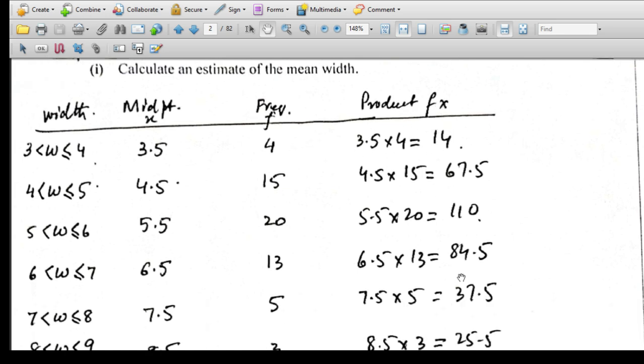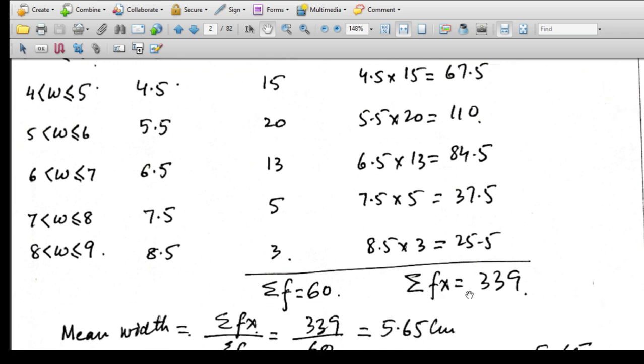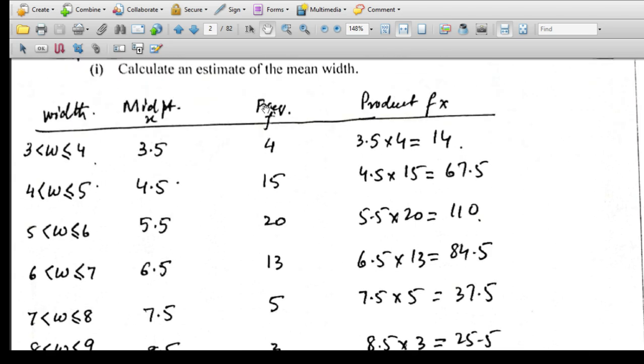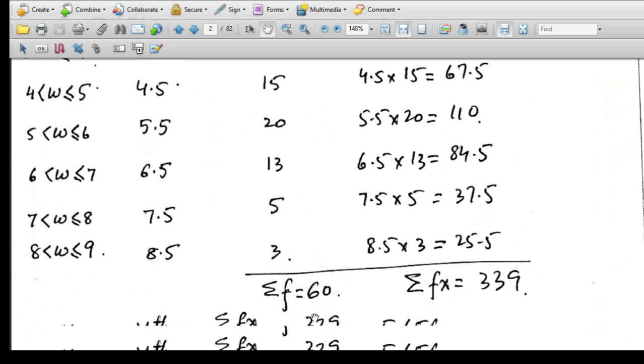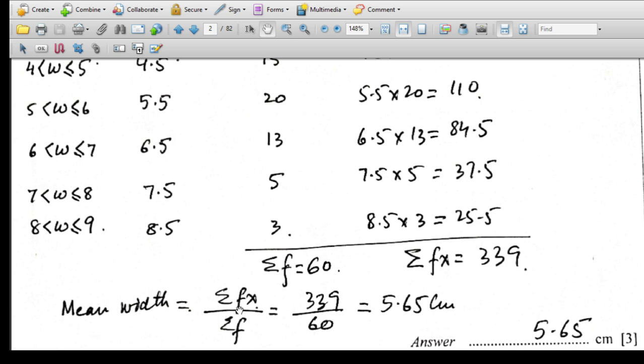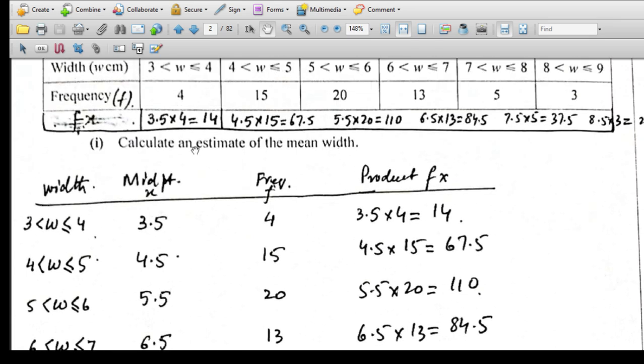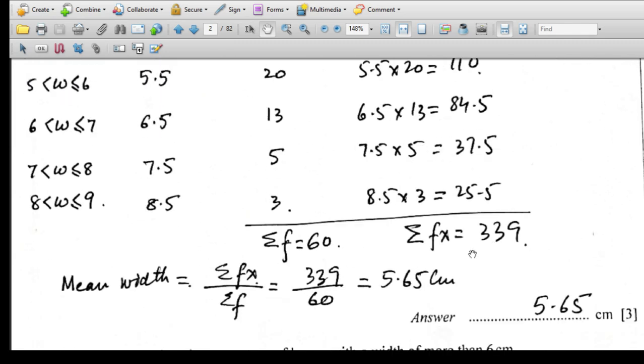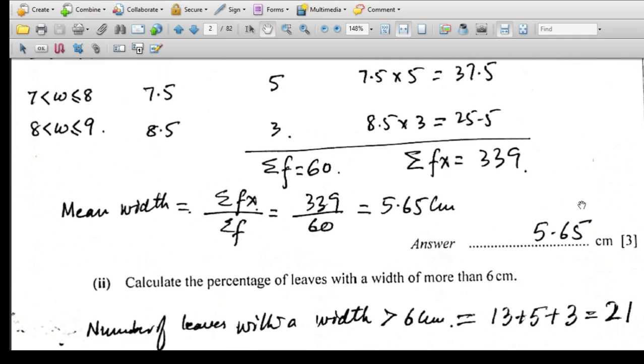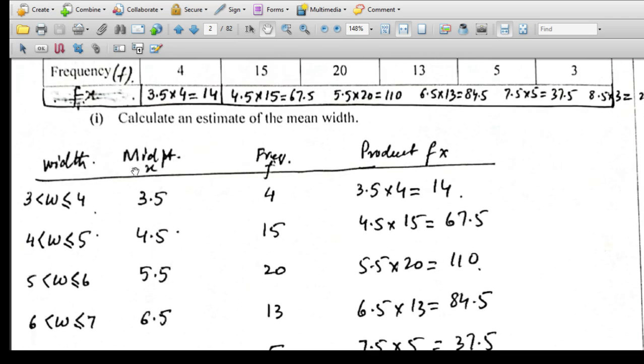We take the sum of all these values, sigma fx, and the sum of the frequencies, sigma f. The mean width is sigma fx divided by sigma f. Sigma fx is 399 and sigma f is 60. So we divide 399 by 60 and obtain 6.65. So the mean width estimate for part B part 1 is 6.65.